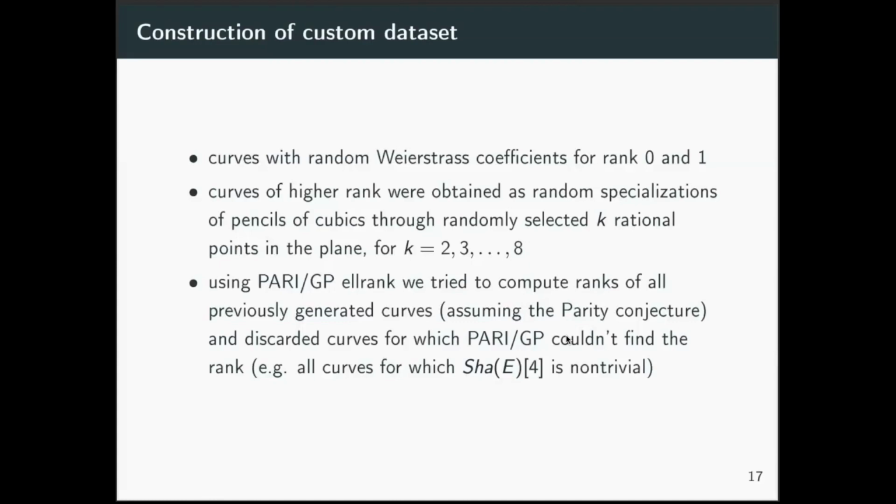here this is not the case because we already chose k rational points, and then we look at the cubics that go through these points. So these cubics, if not singular, will be elliptic curves, and they will already have these k points on them. In that way, we force them to have as high rank as possible.